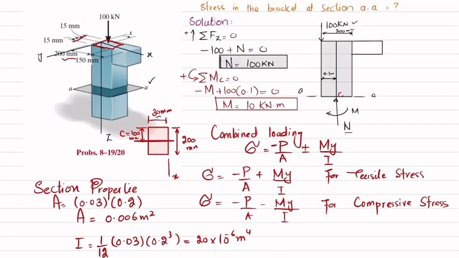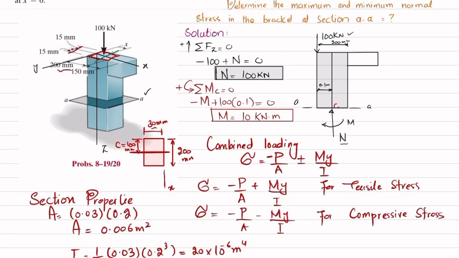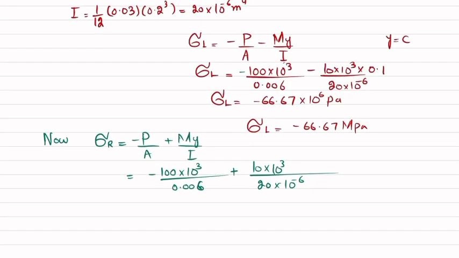And what is the Y? This is your neutral axis. Okay. So now from this right side, Y is the distance from neutral axis till this point, and this is also 0.1.